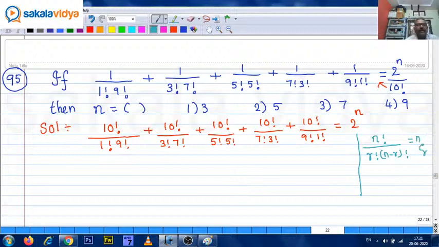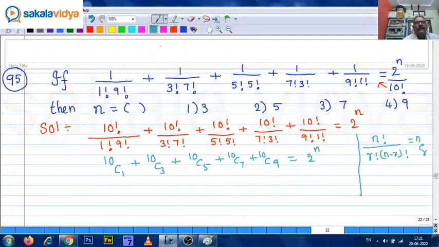With the help of this we can write 10C1, which is 10 factorial by 1 factorial into 9 factorial. This is 10C3 plus this is 10C5 plus 10C7 plus 10C9 equals 2 to the power of n.